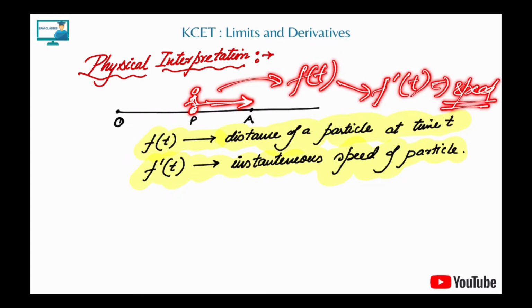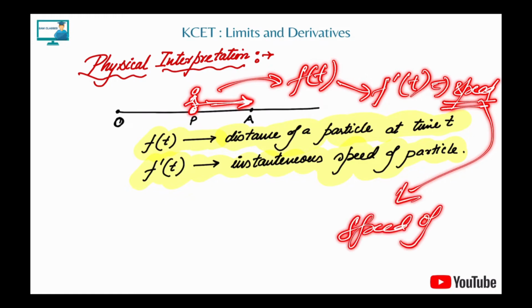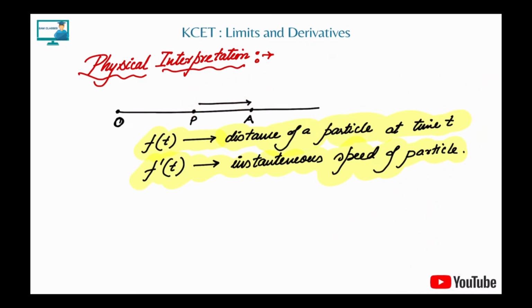So the instant speed of a person is nothing but the derivative of that distance function f of t. So the physical interpretation is: if we have a function f of t showing a distance, then the derivative of that function gives the instantaneous speed of the person, okay?